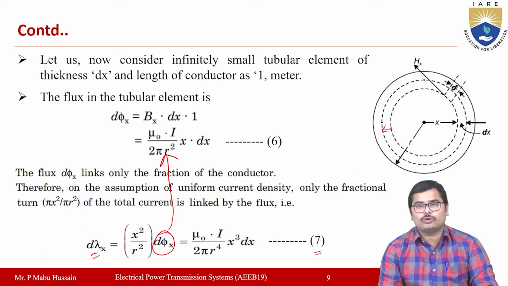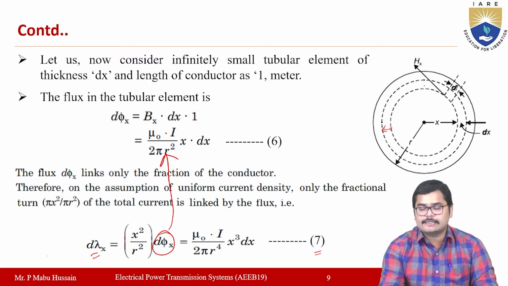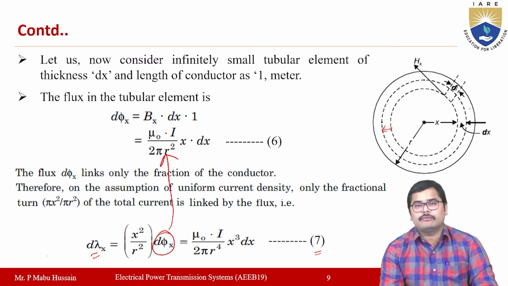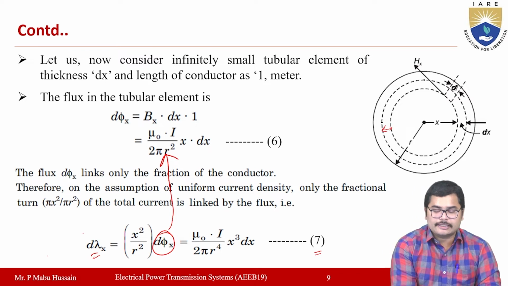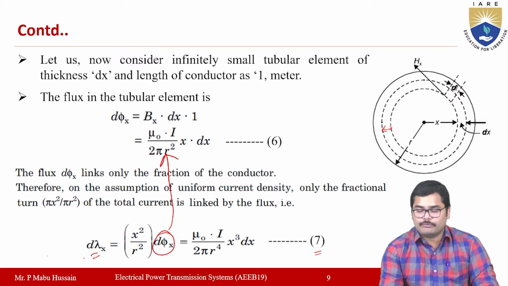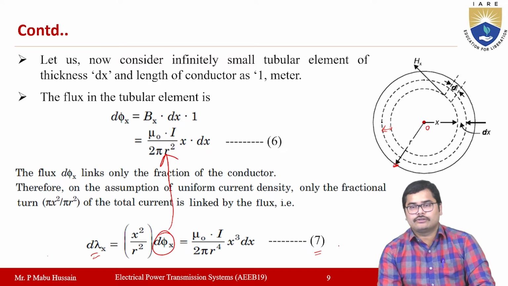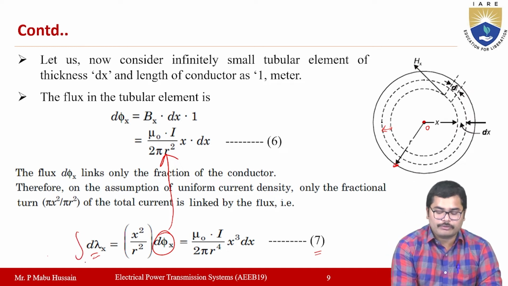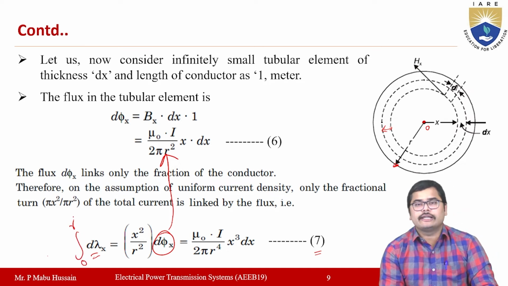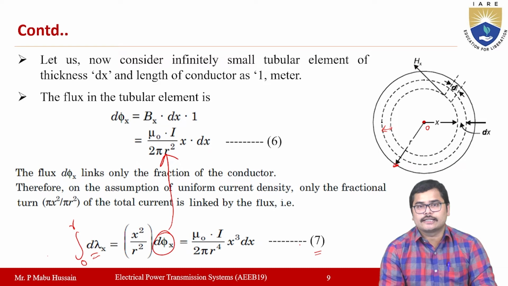Now if you want the total flux linkages inside the conductor, how can you determine it? You have to integrate this d lambda x from the center of the conductor, which is at zero distance, up to the radius. If you integrate this expression from 0 to r, you will get the total flux linkages inside the conductor, which is called the internal flux linkages.